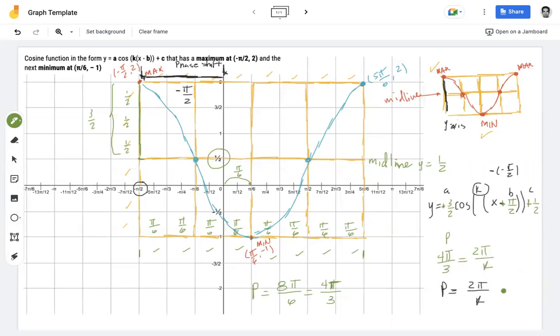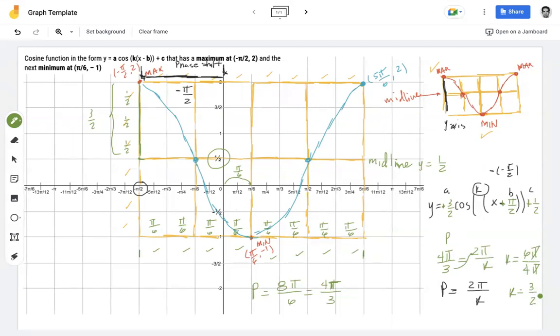In this case, we're going to end up with k being equal to 2 pi multiplied by 3 over 4 pi, which is 6 pi over 4 pi. You're going to simplify that, so you cancel out the pi's. 6/4 can be written as 3/2.